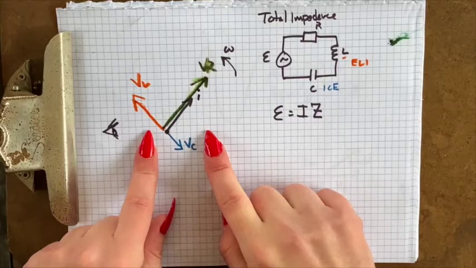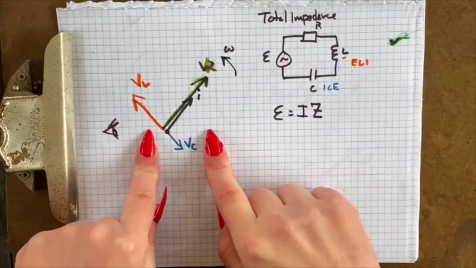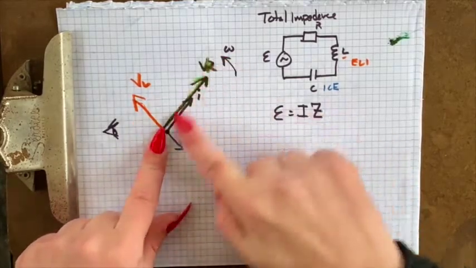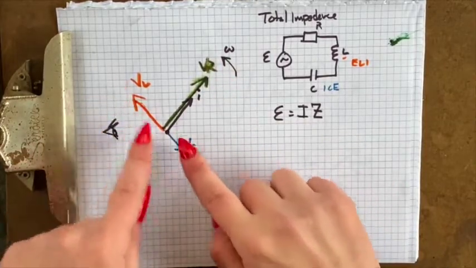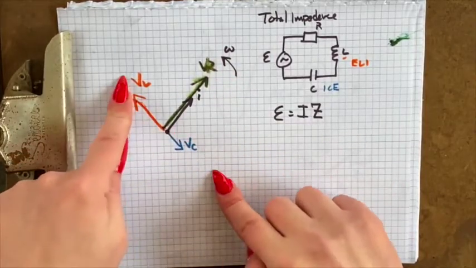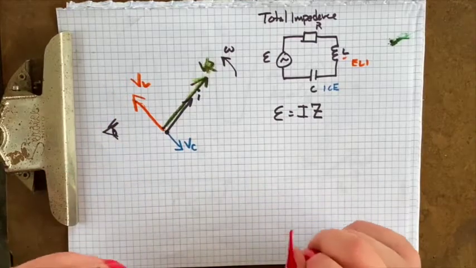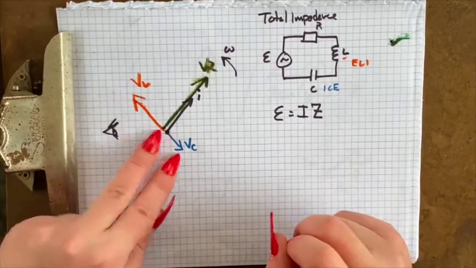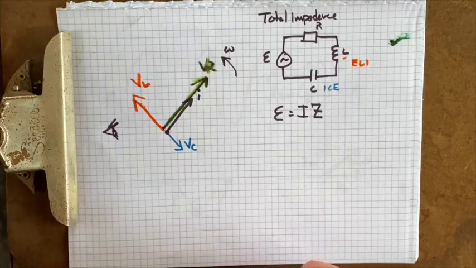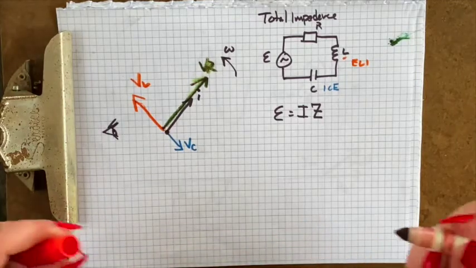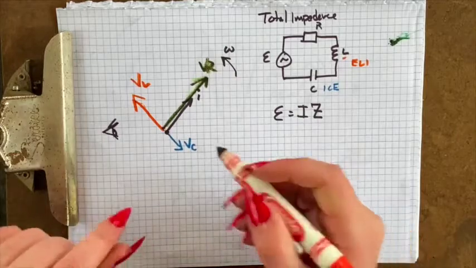This phasor diagram by itself is not really useful because I have Y components, if we want to call this Y, but I don't have a well-defined solid X value. The way I drew this, VL looks a little bit longer than VC. So what I really need to focus on is some kind of a vector that is a combined sum of these two.